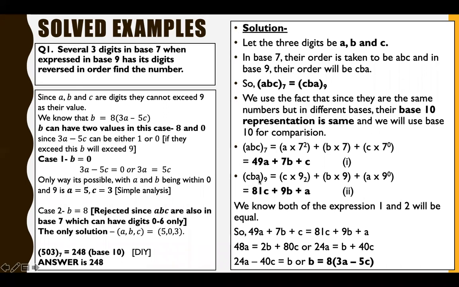Just a second, CBA in base 9 equals C into 9 square. Sorry, the 9 is present as a subscript, but it will actually be the superscript.